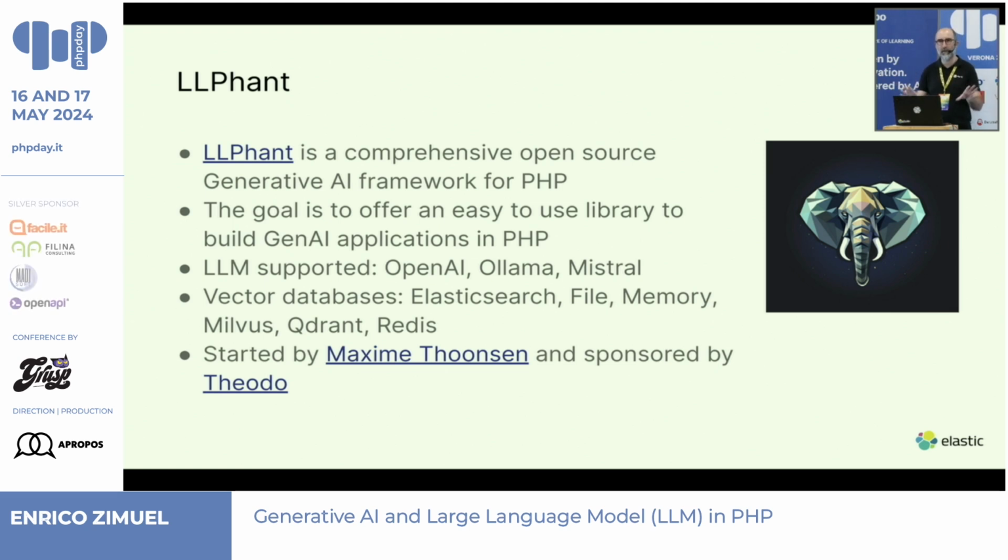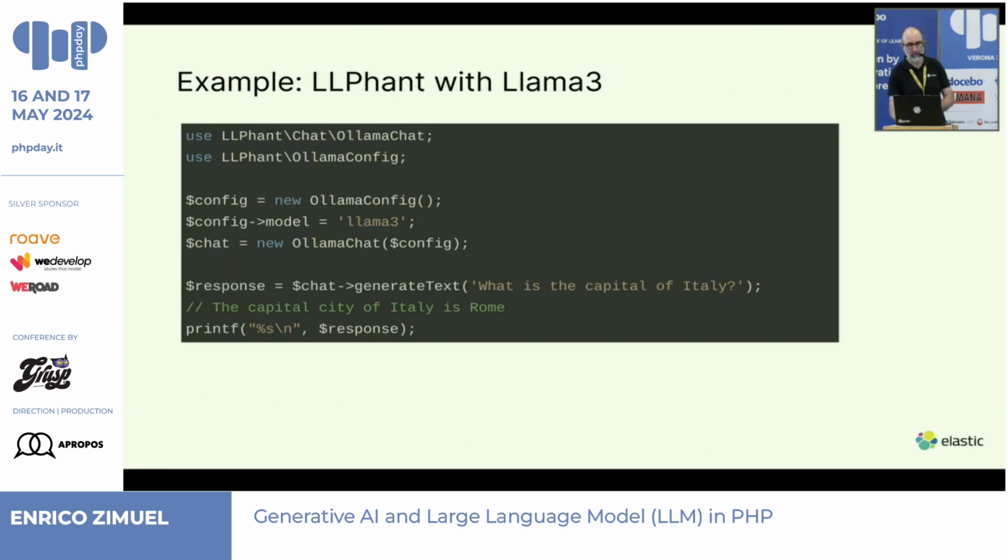We provide the common interfaces in PHP, so you are more than welcome to write your adapter for your specific vector database or LLM model, and I encourage you to have a look at the project and contribute to it. The author of this project is Maxime Thoonsen, a French guy from the Theodo company.